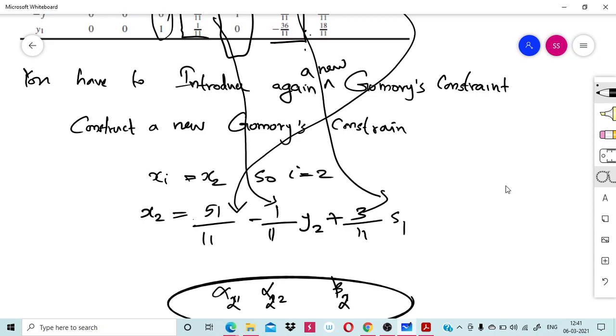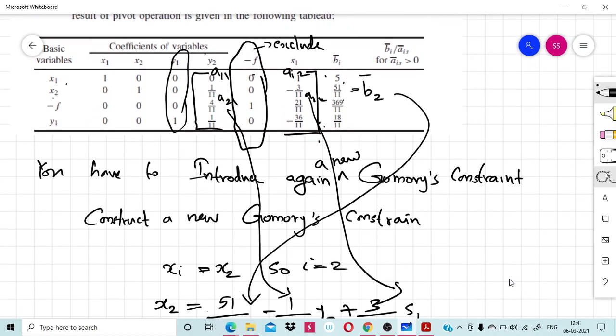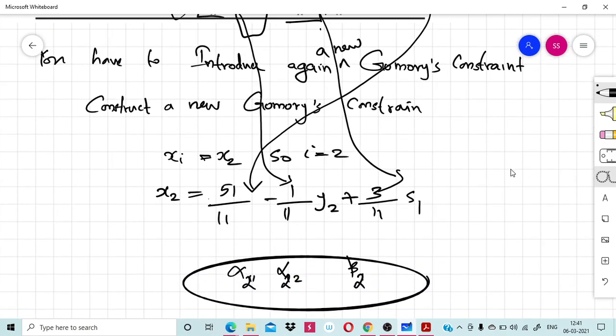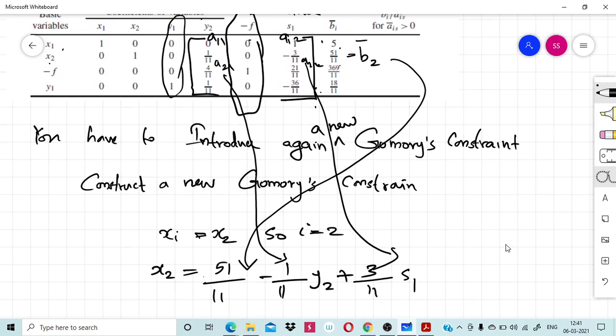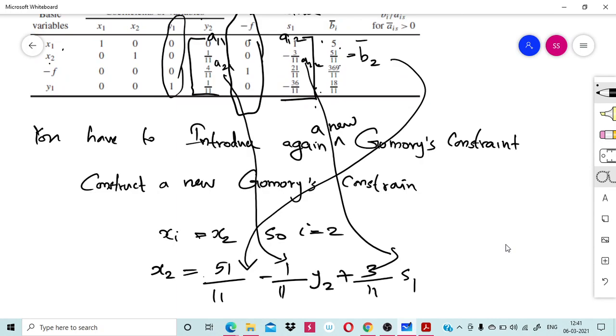Actually, yes, y2 and s1, because we have considered the y2 column and s1 column.